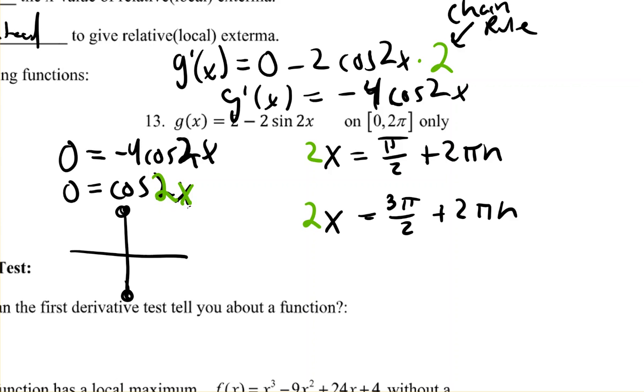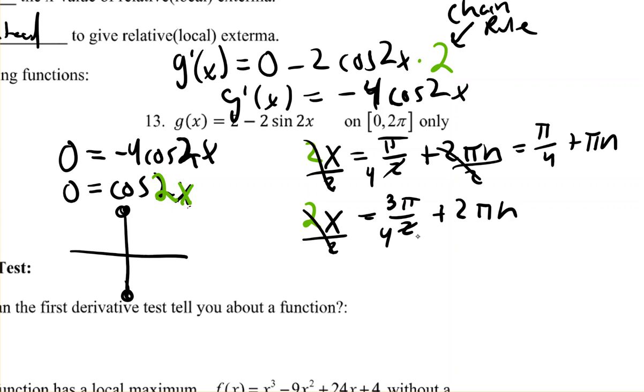So you have to go back and say, all right, wait, there's one more step. I'd like to divide this by 2, so this gets divided by 2, and this gets divided by 2. So now its formula says pi over 4 is an answer, plus integer multiples of pi. Do the same thing here, divide by 2, divide by 2, divide by 2. This formula is saying 3 pi over 4 is one, plus integer multiples of pi.